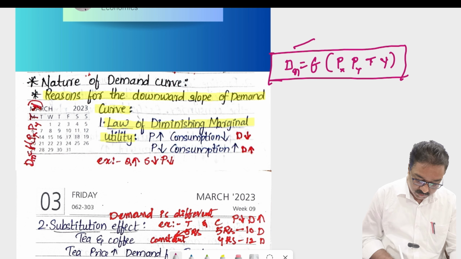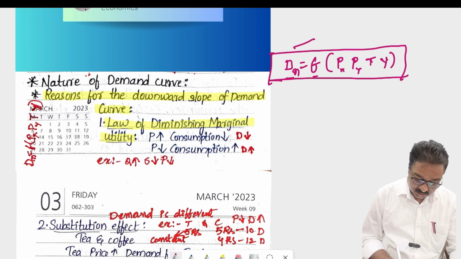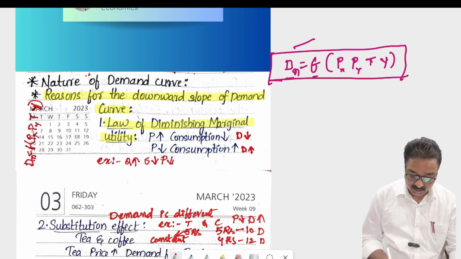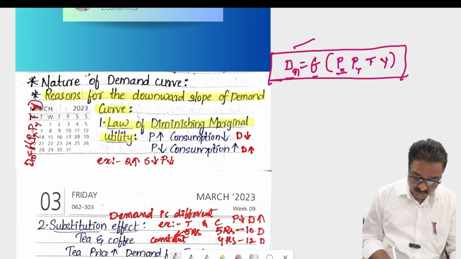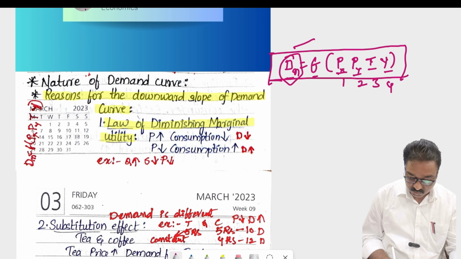Dn is nothing but demand, demand for a number of commodities. F is nothing but the functional relationship. This is the first factor, this is the second factor, this is the third factor, and this is the fourth factor. This demand depends upon these four factors.